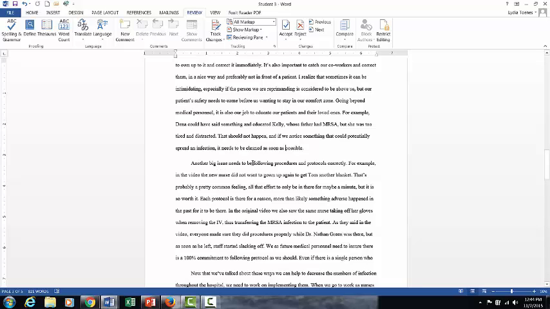Another big issue needs to be following procedures and protocol correctly. So anytime you want to use big, literally you can just slap in the word significant and some of the synonyms for significant. That is a little bit better. Big is too easy of a word. It's kind of like third grade reading level.